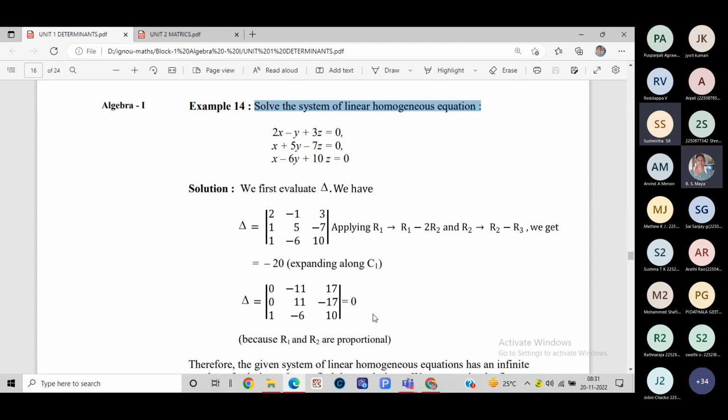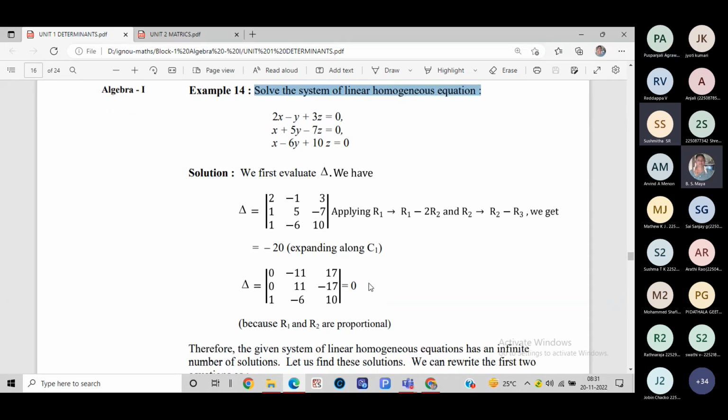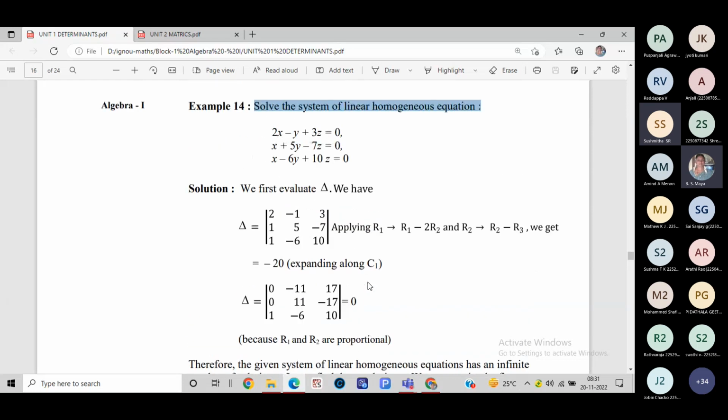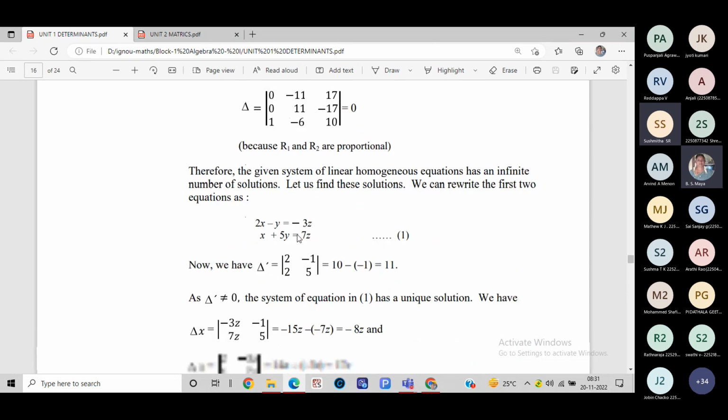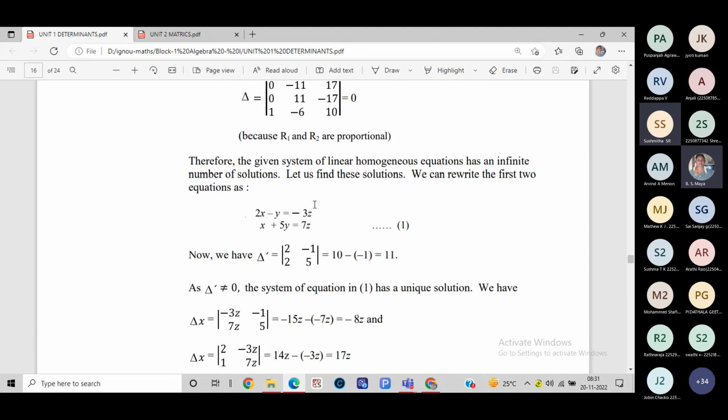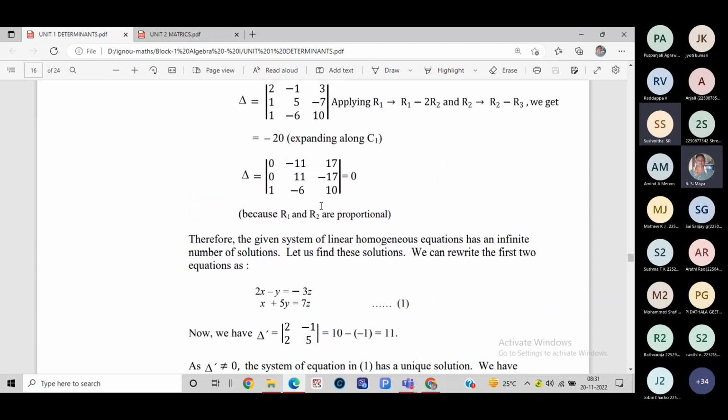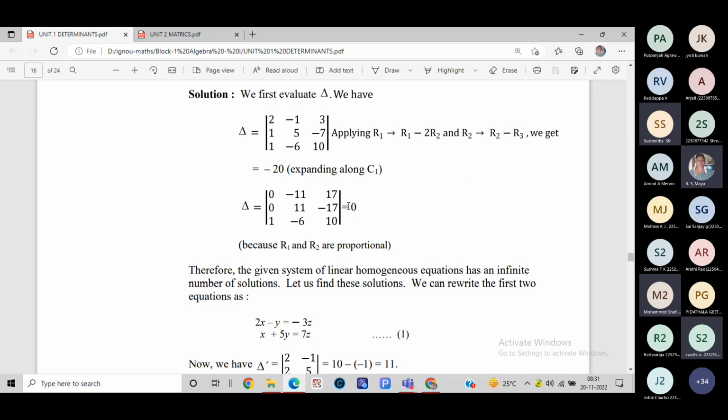Why are you getting 20 here? Just 2, minus 1, 3; 1, 5, minus 7; 1, minus 6, 10. If you are applying the row method, R1 minus 2 R2. If delta is equal to 0, then I can't find the solution this way.